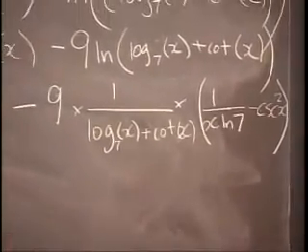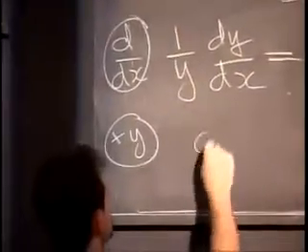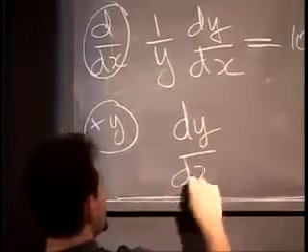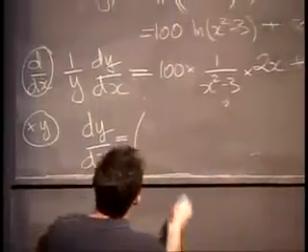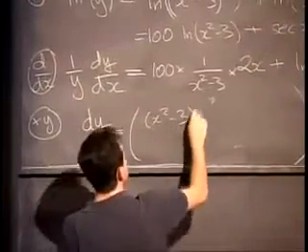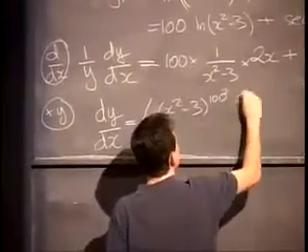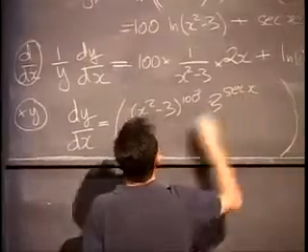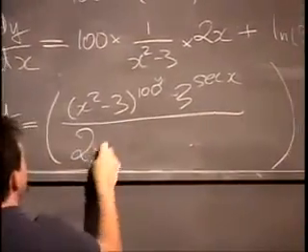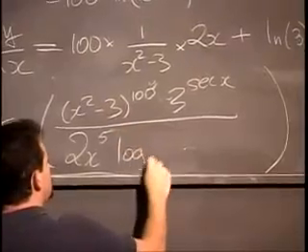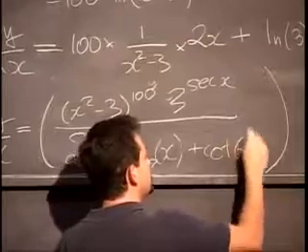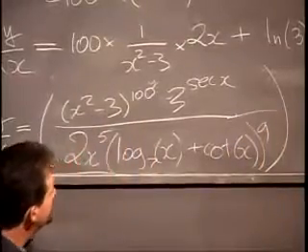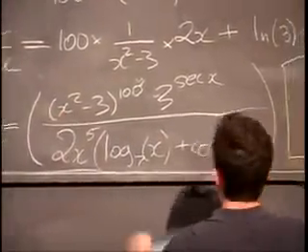Whew. Finally, we have to multiply by y. And y is all this original stuff. So dy dx is the original y. That's y, and I better write it out. x squared minus 3 to the power 100, 3 to the secant x over 2x to the 5 log x base 7 plus cotangent x all to the power of 9. Whew, times all this, which I can simplify a little bit.